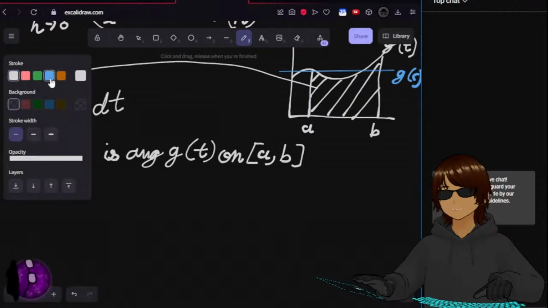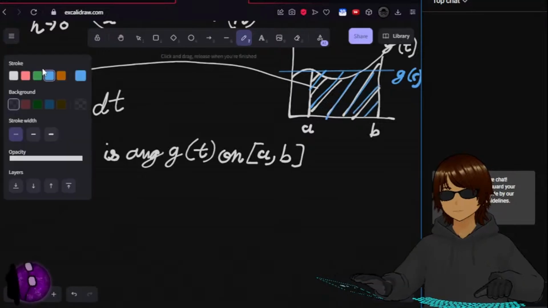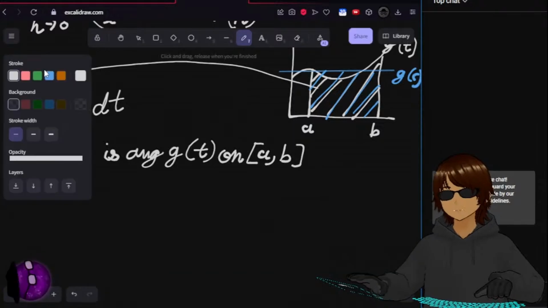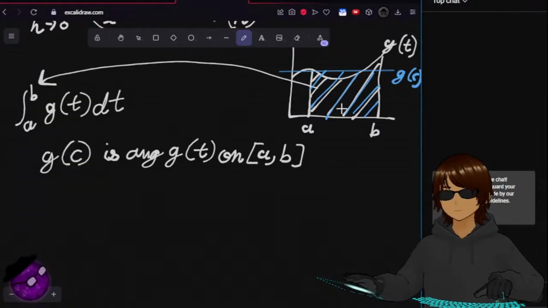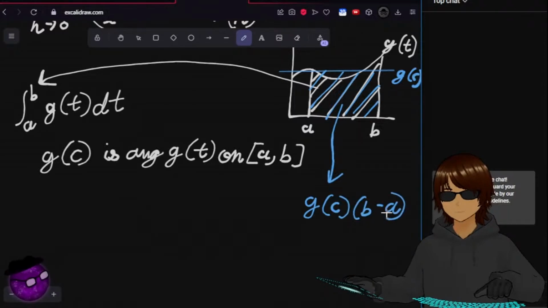So the area of this, hold on, is this is G of c times B minus A, and basically the average area over here is equal to the area under the curve.